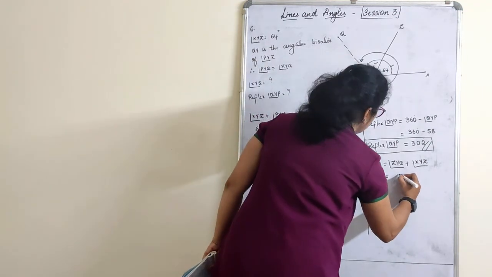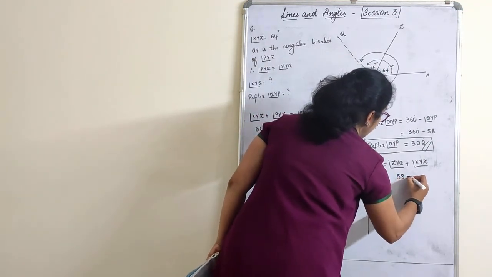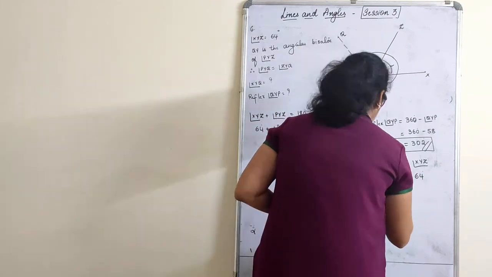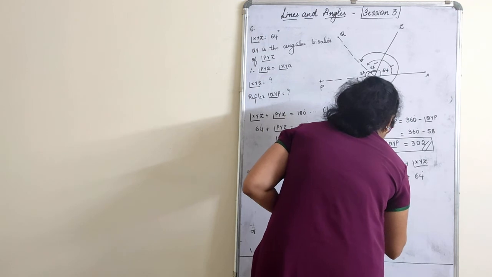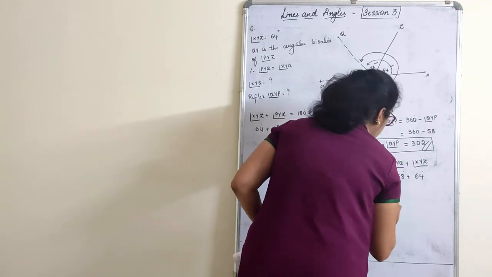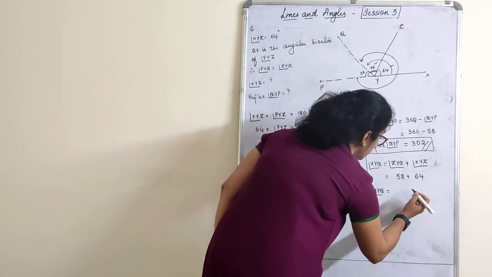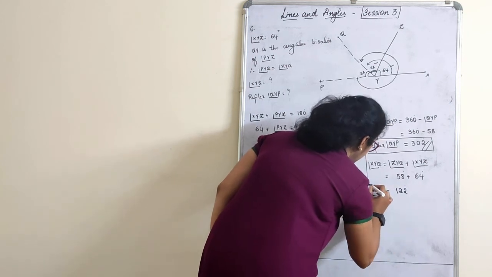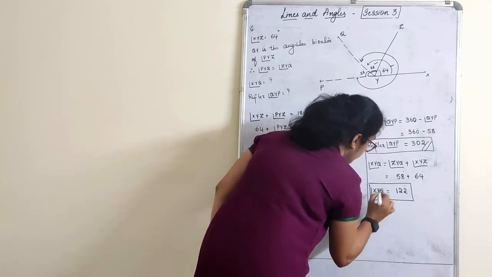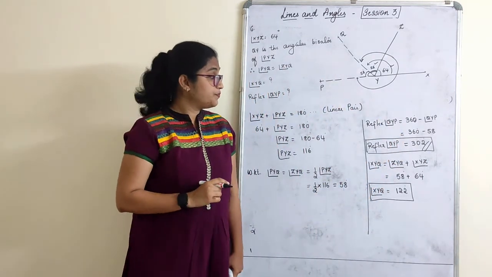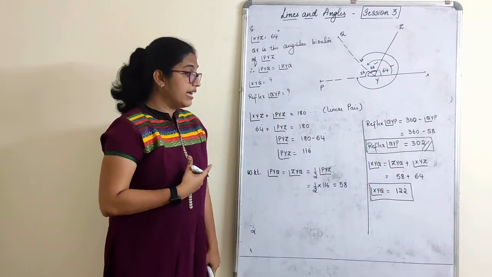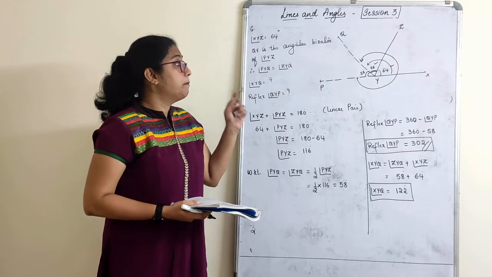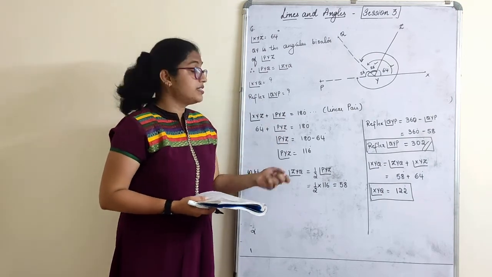So it is 58 plus 64 degrees. So angle XYQ is equal to 58 plus 64, which gives you 122 degrees. Right? So we found the reflex angle and we also found this. The only thing we need to understand is to mark the correct thing that is required.